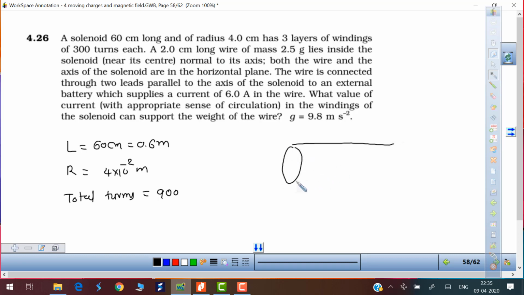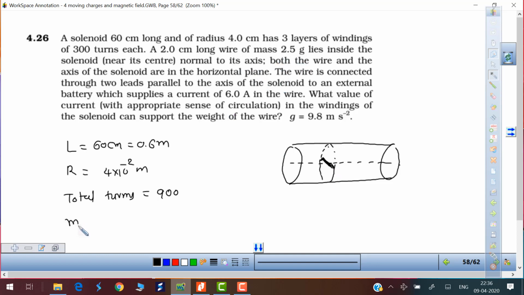This is the solenoid. Here there is a wire, this is the wire, and this is the magnetic field direction. So this wire carries the current.